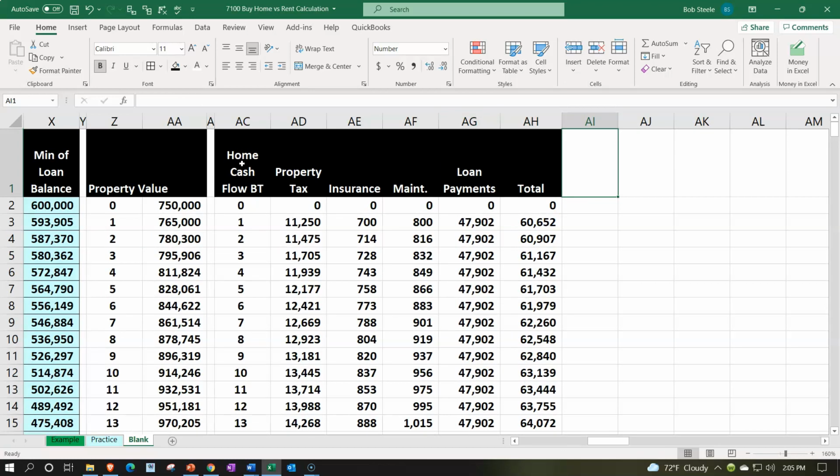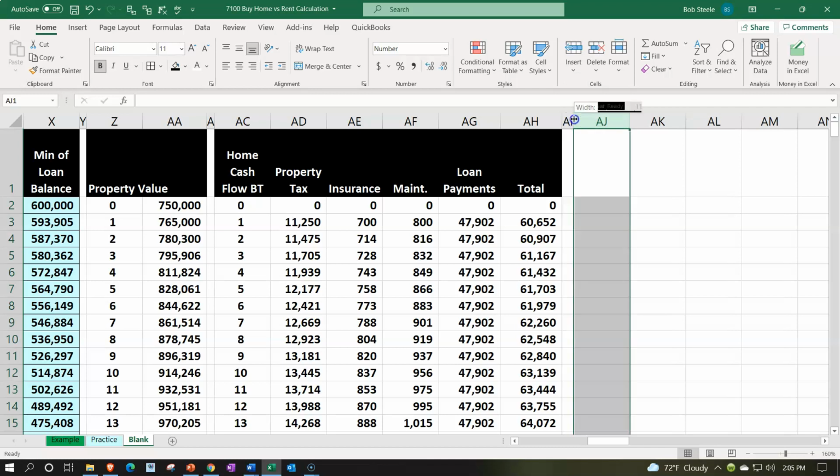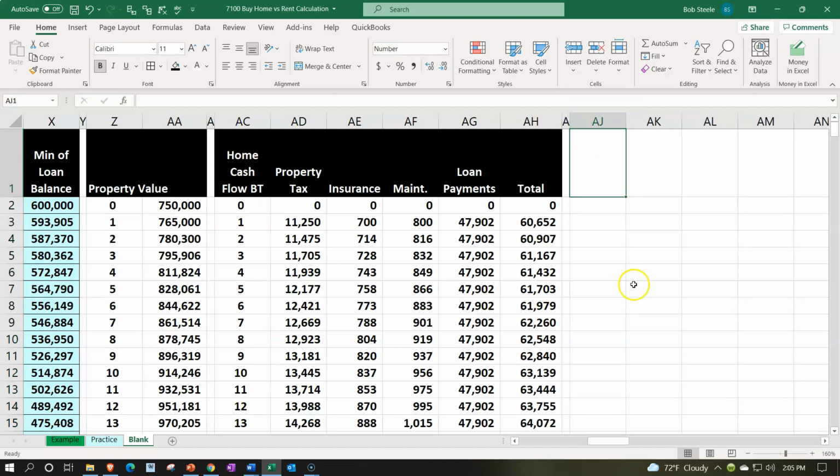So then let's think about our taxes, the tax implications here. So now we're going to say, well, I'm going to get a tax benefit from this, and that's going to improve my cash flow. That's what they keep telling me. So let's pick up the cash tax benefit. So we're going to say cash flow tax savings, let's call it.